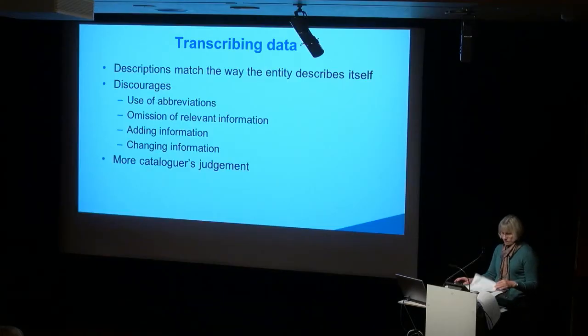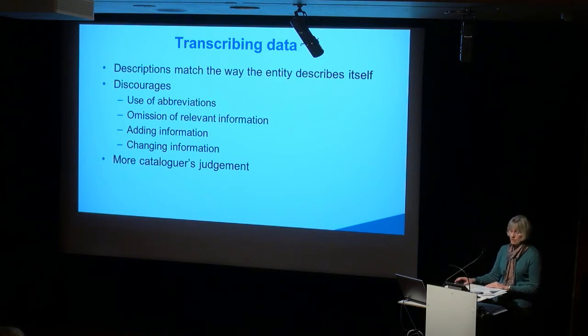For instance, if we had 5 authors, we may have only given an access point to 1. But that just means that we weren't really describing things exactly as they were on the resource. And of course, the use of abbreviations is not always the most user-friendly thing to do.